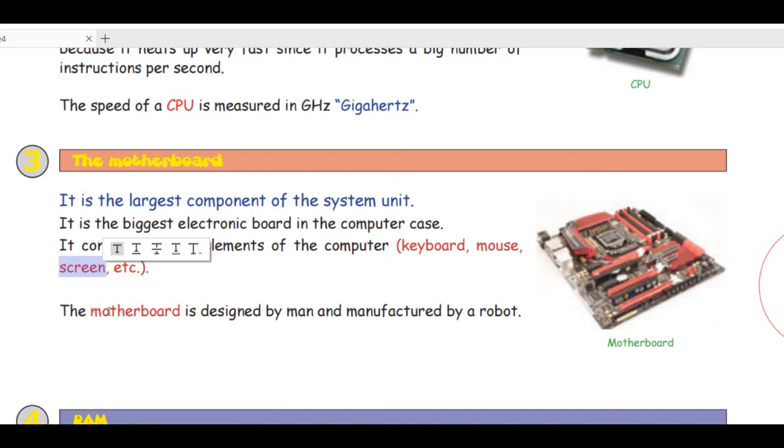Here you can show them a picture or a real motherboard in case you have one and you are in the computer lab.